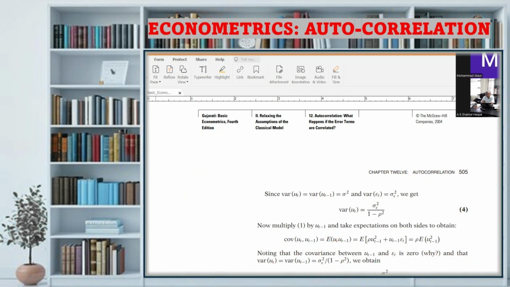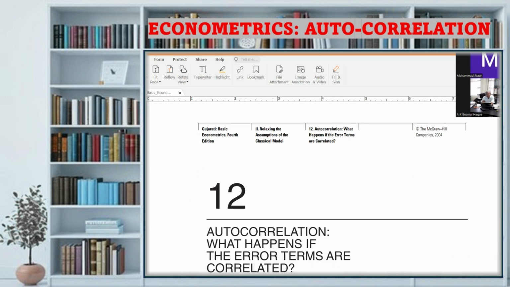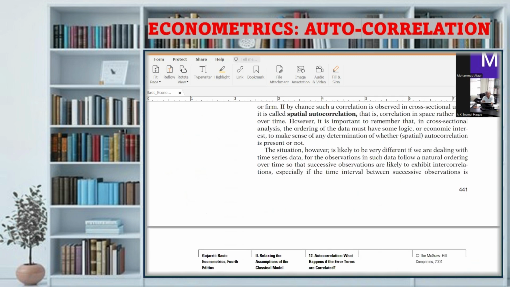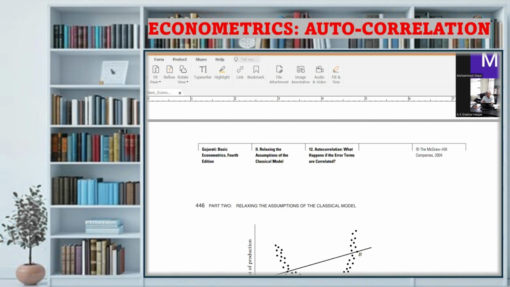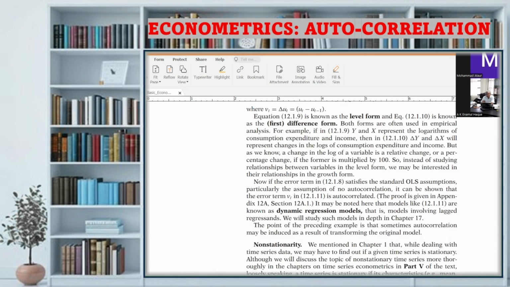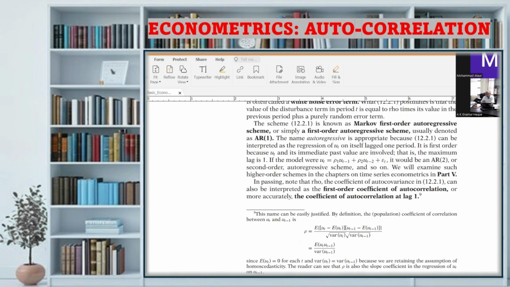So go back to the chapter again. This is the chapter. And we are now saying that if we run the model, we have the variance also.